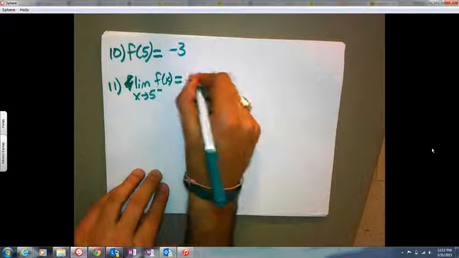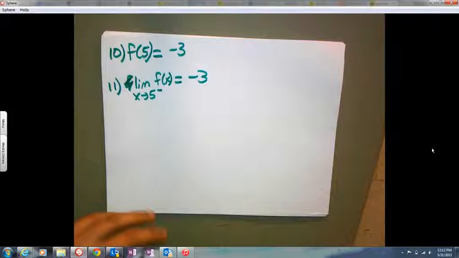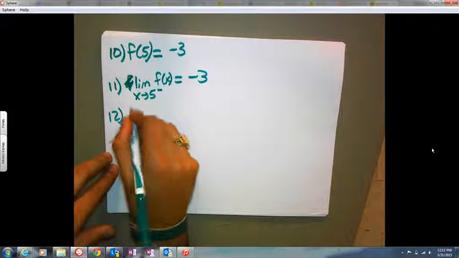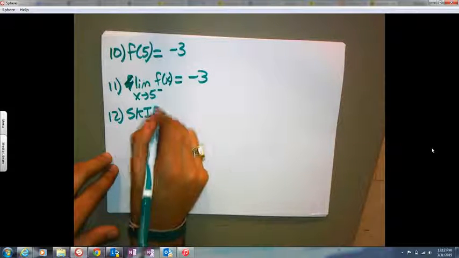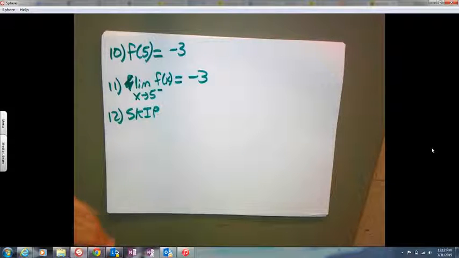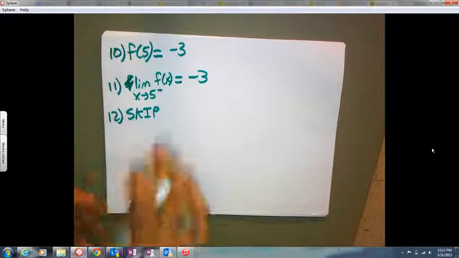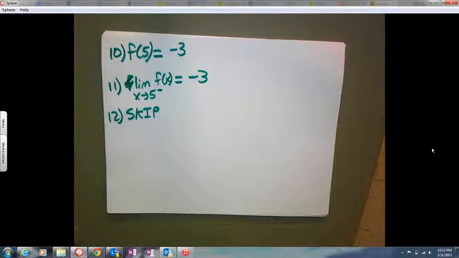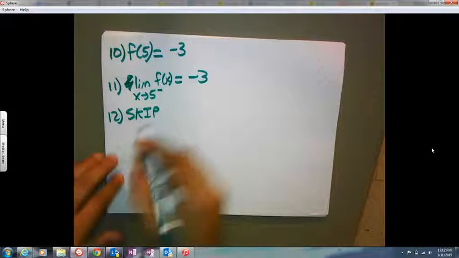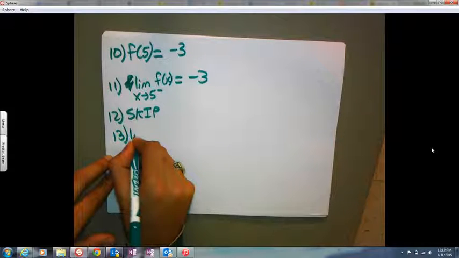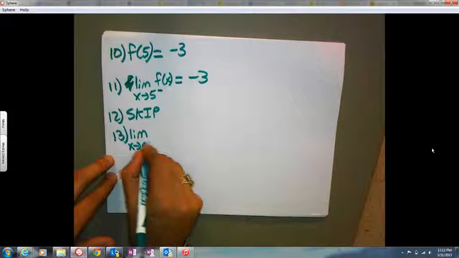You can skip number 12, you can just scratch it out. If you don't have any questions on 10 or 11, go to 13. Attempt it on your own, just try it. Try 14.